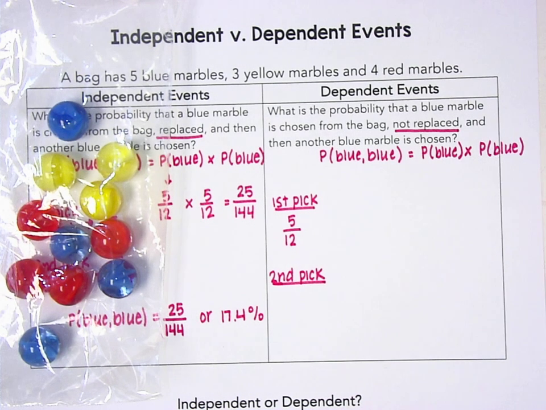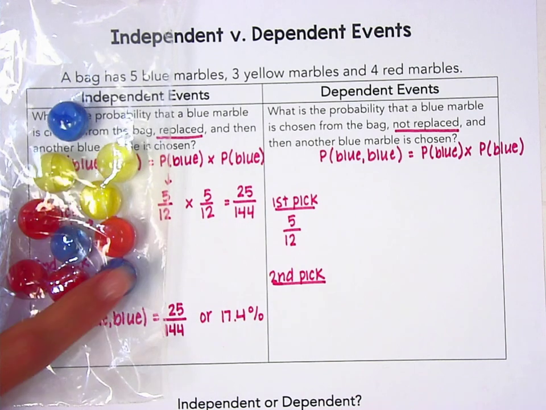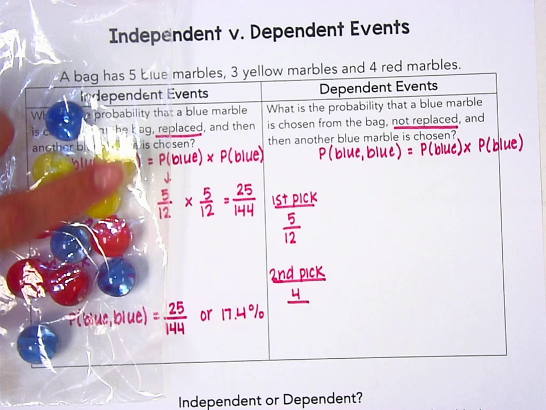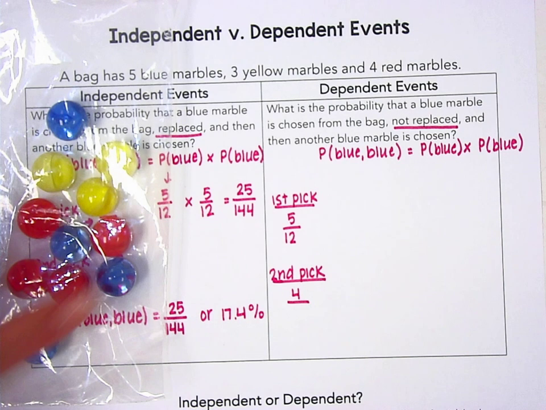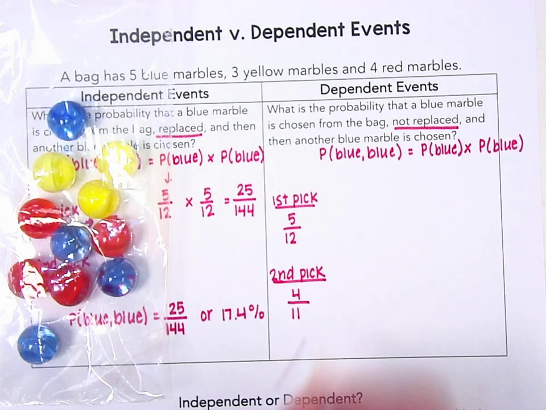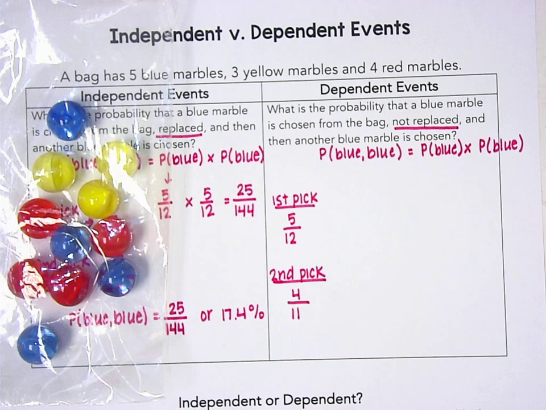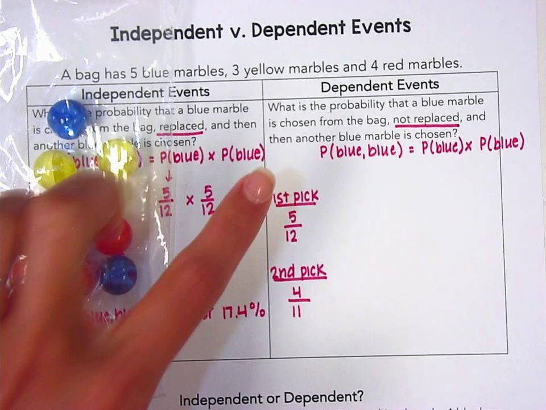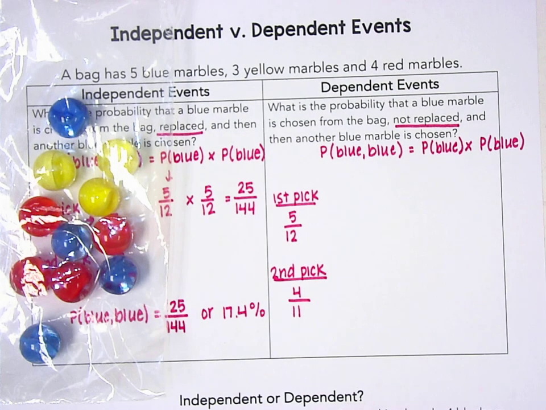So now for my second pick, I have 1, 2, 3, 4 blue marbles to choose from, and there are only 1, 2, 3, 4, 5, 6, 7, 8, 9, 10, 11 marbles left in the bag. This is a dependent event because my probability of choosing a blue marble the second time has been affected by the fact that we chose a marble in that first pick.